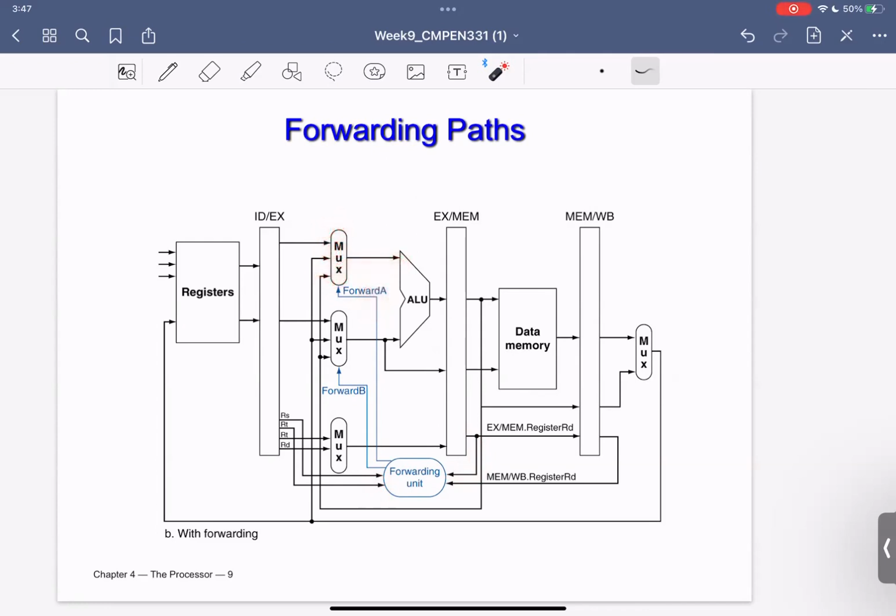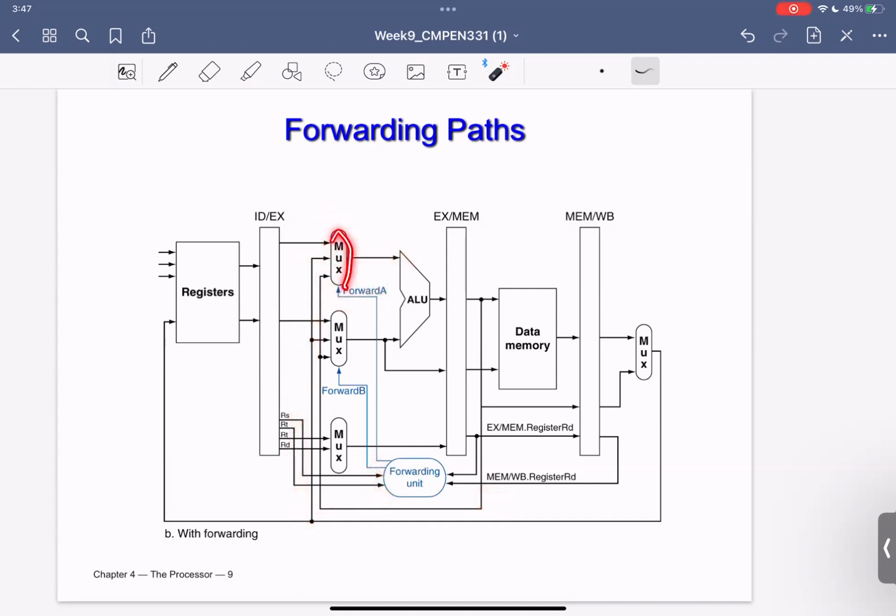The same scenario: if the RD of the memory stage, memory/write back, is equal to either the RS or RT, that means I will choose the one that is forwarded from the memory as an input. And since this is 0,0 and this is 0,1, my choice here will be 0,1, which means I'm passing that particular input to the ALU, as we can see from here.